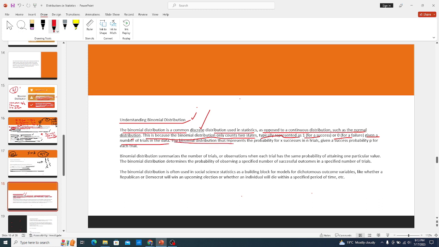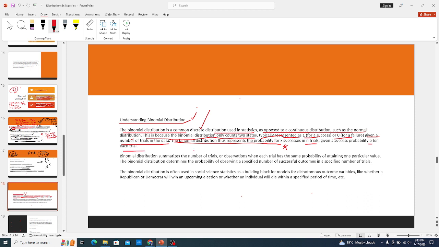The binomial distribution thus represents the probability of X successes in N trials, given a success probability P for each trial.